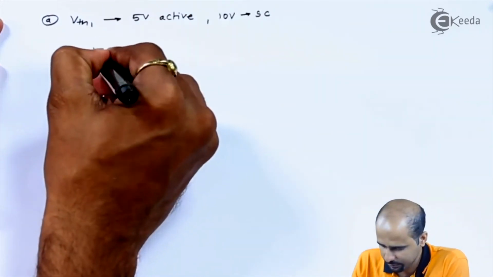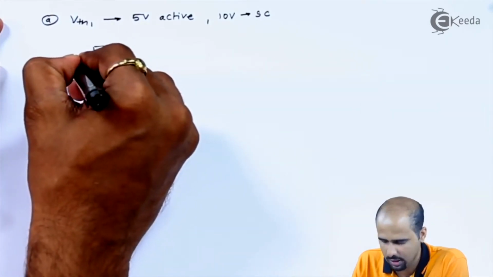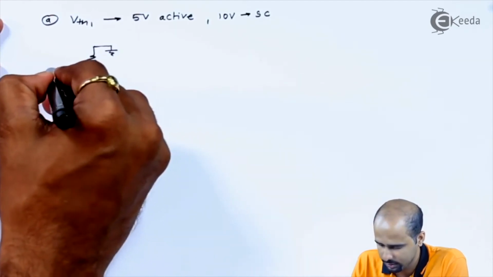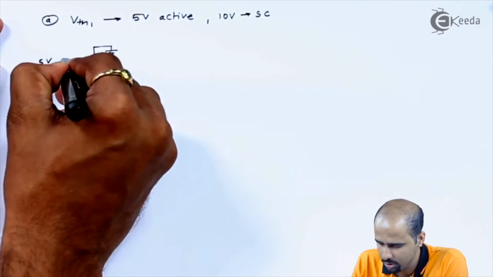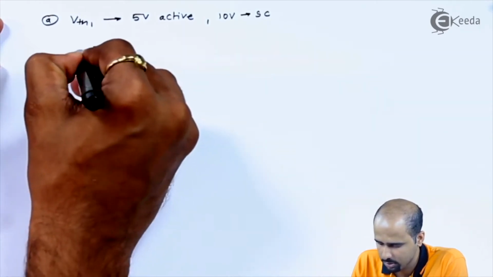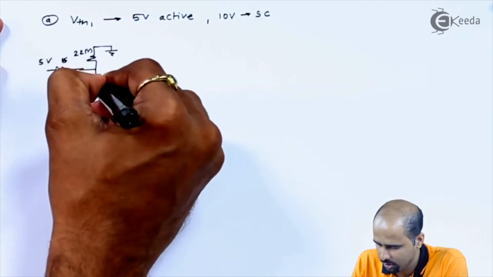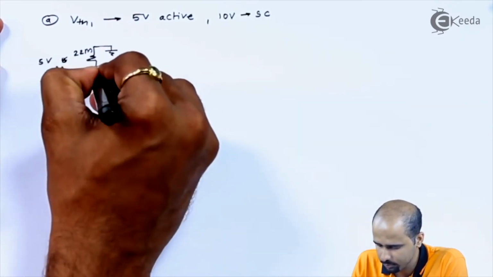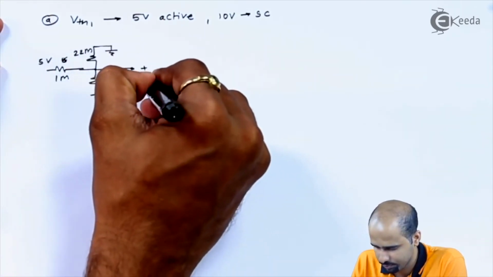If R1 is connected to 10 volt which is grounded, then here 5 volt is applied. Here it is 22 mega R1, and here it is 2.2 mega. Here it is VTH.